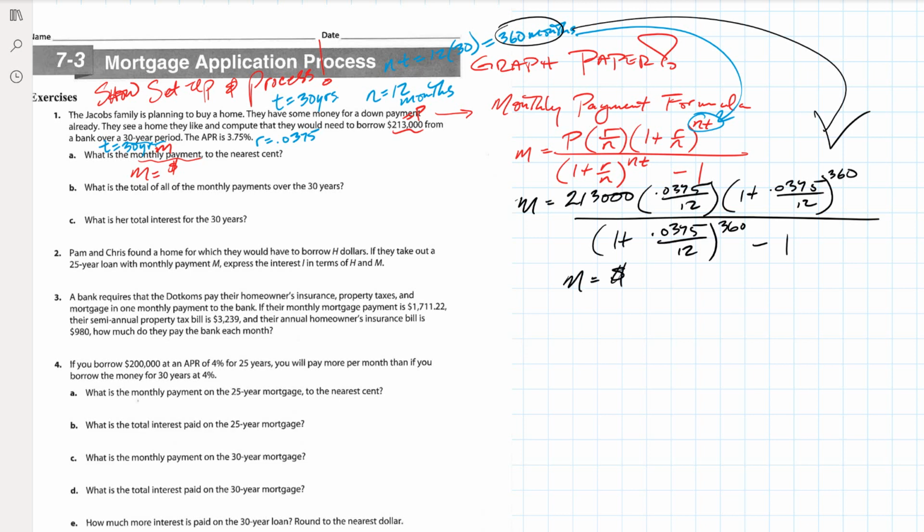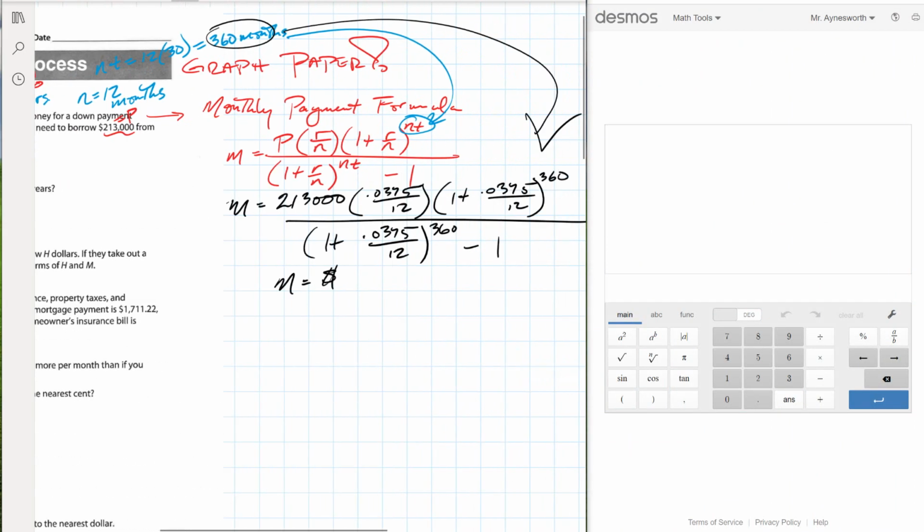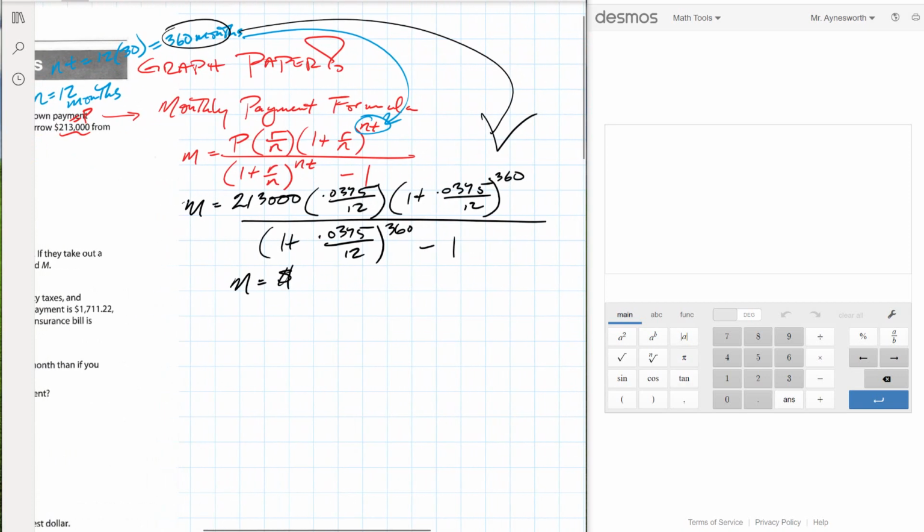Okay, so let's calculate the monthly payment. Like I said, I use Desmos a lot because it's easy to use. You just got to type it in correctly here. That's obviously a key thing. Notice that I'm going to raise this to the 360th power, so I'm going to use the exponent button, a to the b power.